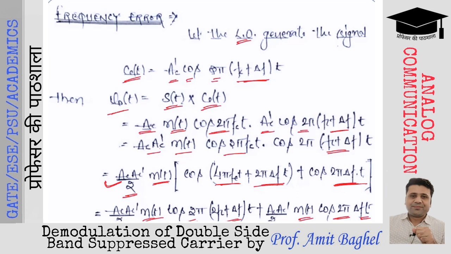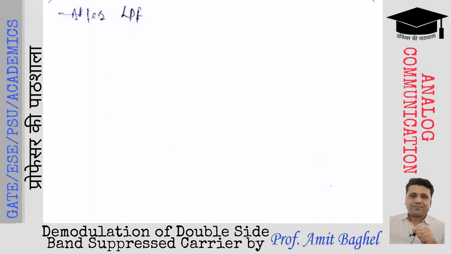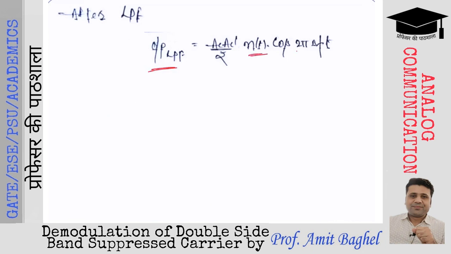Again, if we pass this v0(t) through the low pass filter, the high frequency component will be filtered out. Hence, what I'm going to get at the output side is the component which exists at the low frequency. So when we pass it through the low pass filter, we'll get the output of the low pass filter as Ac dash by 2 m(t) cos of 2 pi del f t.